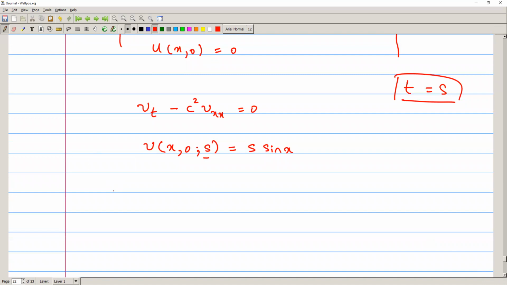And we know that v of x comma t such that s would be a function of this form, because here we can see that this is x comma 0, but if we want the function of x and t and s, then it will be like this: s e to the power negative c squared t sine x.